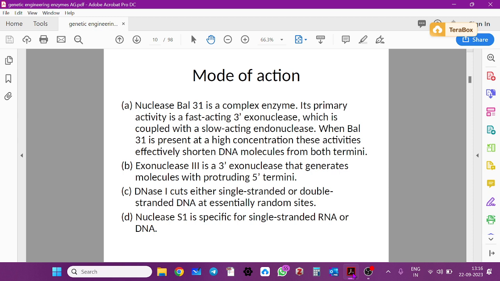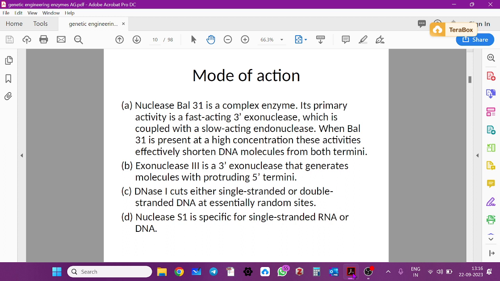You cannot use BAL31 to cut at a specific sequence. Then you have exonuclease 3. Basically, I never preferred to use BAL31 because I could not control the reaction, it was very fast.